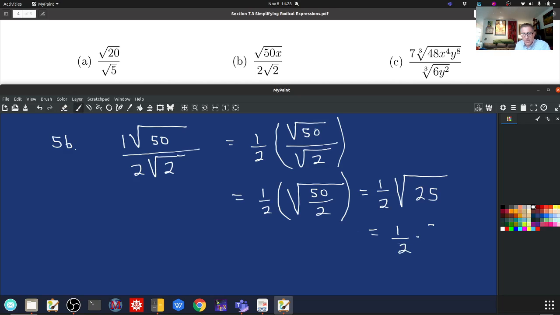One half times 5 is equal to 5/2. And now I look up at the problem and I see I forgot to copy down a value of x.